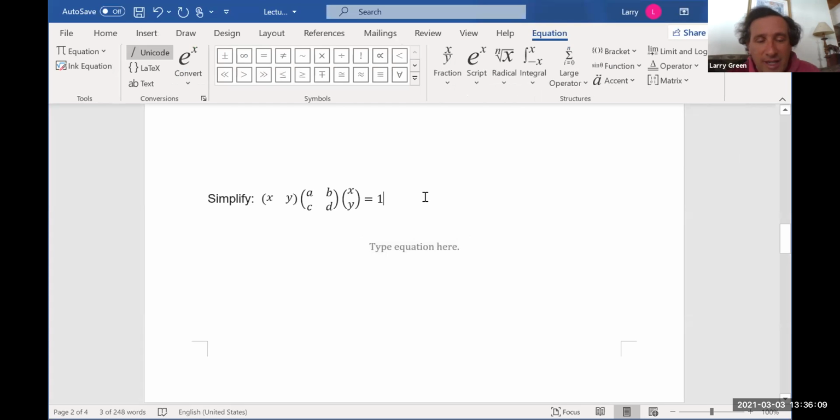So the answer is ax squared plus by squared. Oh, sorry, plus dy squared plus b plus c xy equals 1.